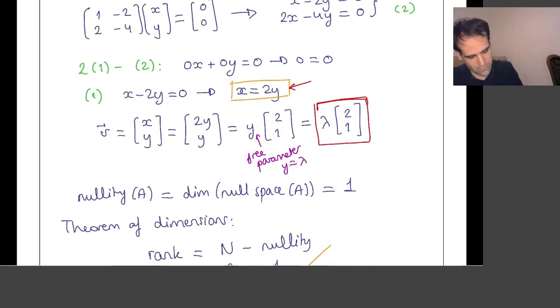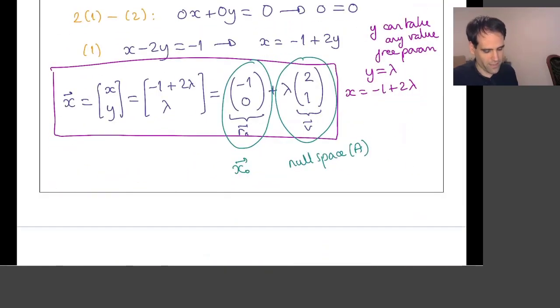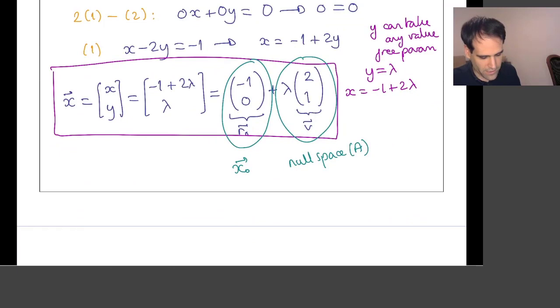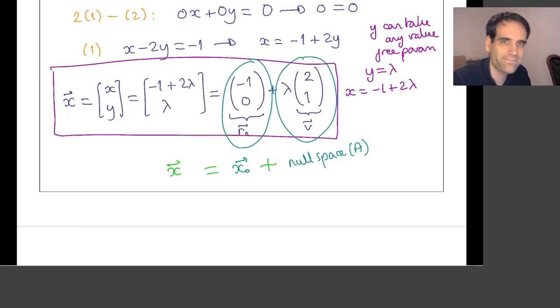This is the null space. So as I promised in the theorem I proved earlier, the general solution for x is equal to a particular solution plus the null space of A. And this is always the case.